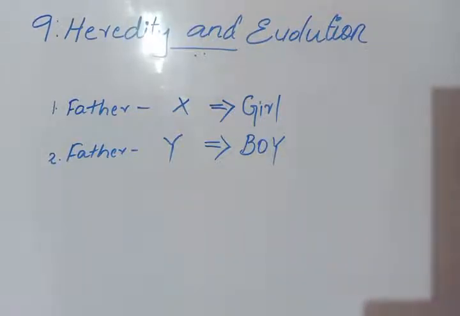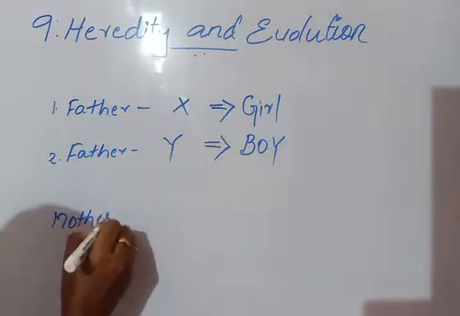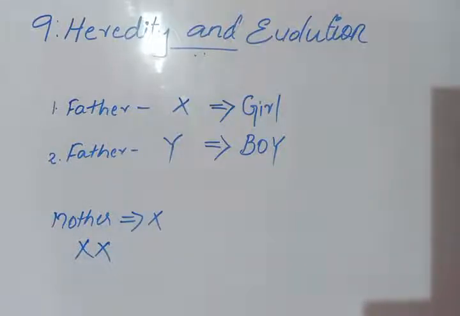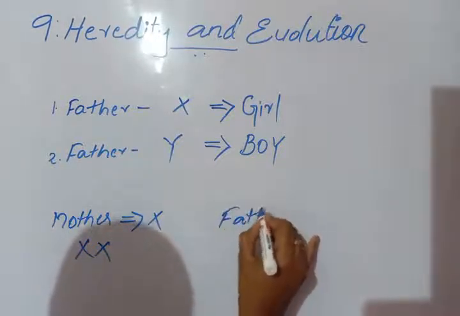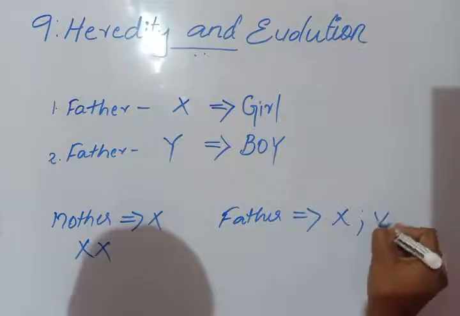So why? Because the mother always contributes an X chromosome. Why? Because the mother is XX. All the ovum contain only an X chromosome. But the father is heterogametic, so he can contribute X or Y. Why?